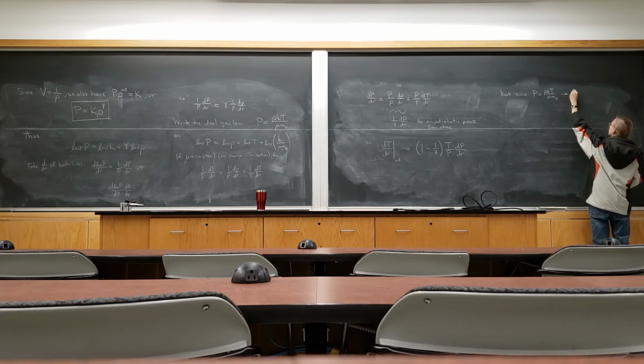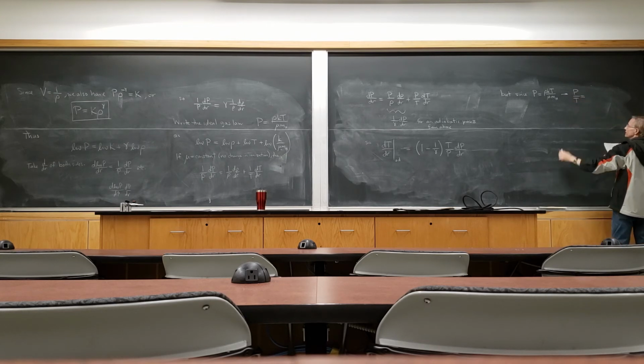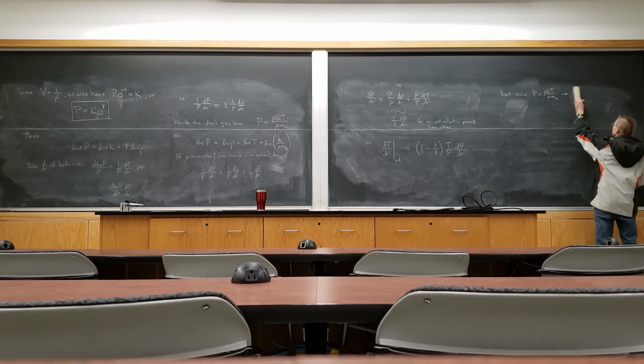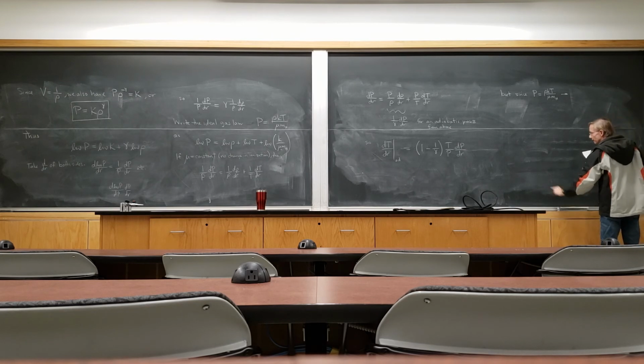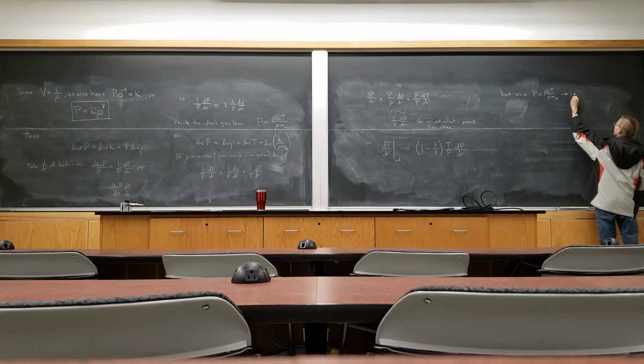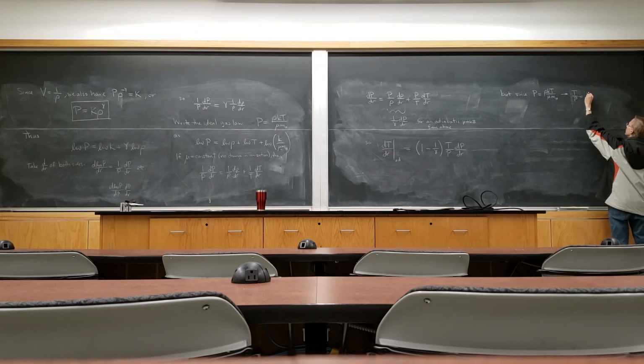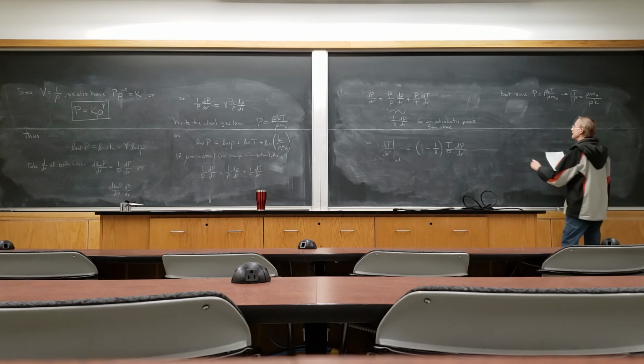So T over P, because that's what we got over there, is equal to mu mH over rho times the Boltzmann constant. That's the little k, not the big K from the adiabatic gas law.